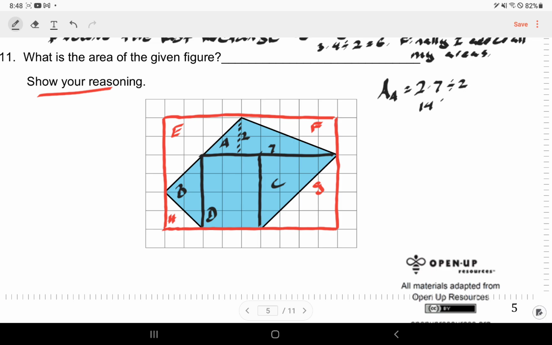So that's 14 divided by 2 is 7. 1, 2, 3, 4. So a base of 4 and our height is 2. So the area B is 2 times 4 divided by 2. Well, that's 8 divided by 2 is 4.